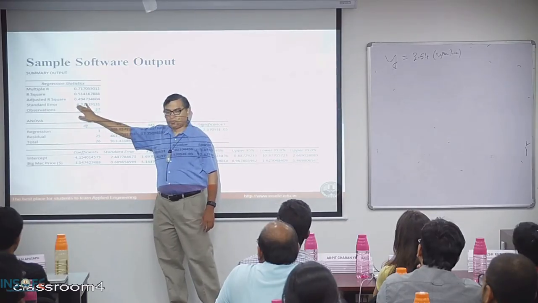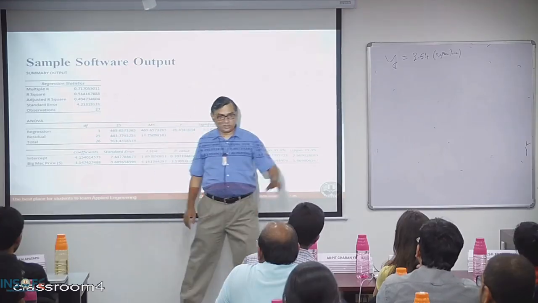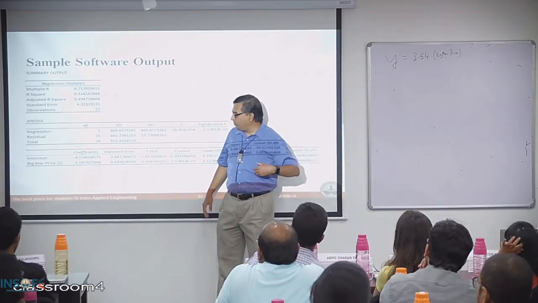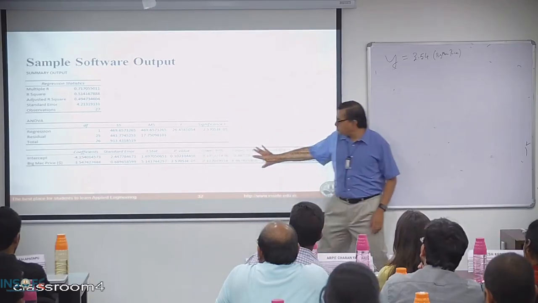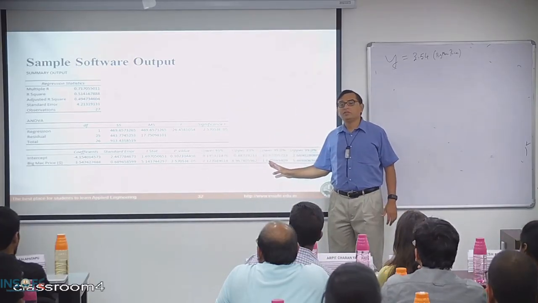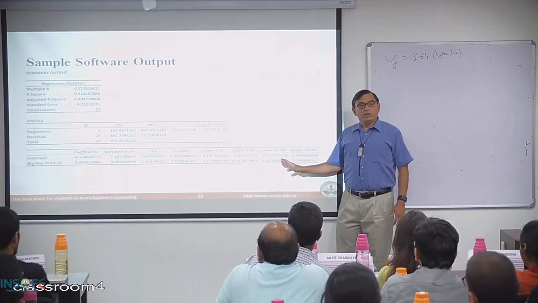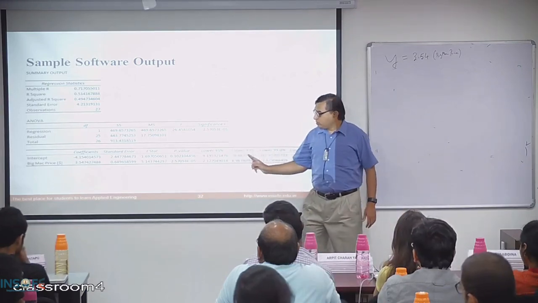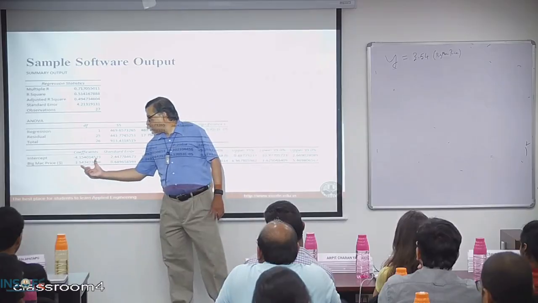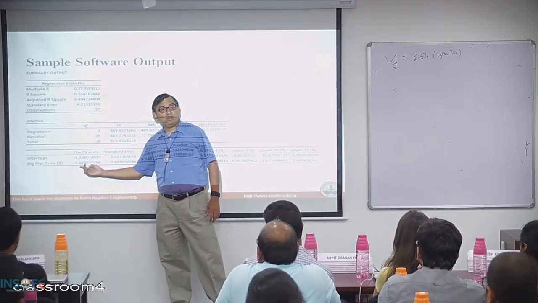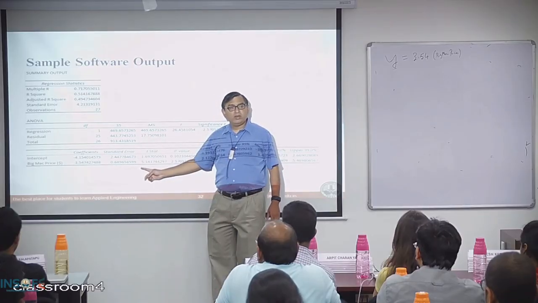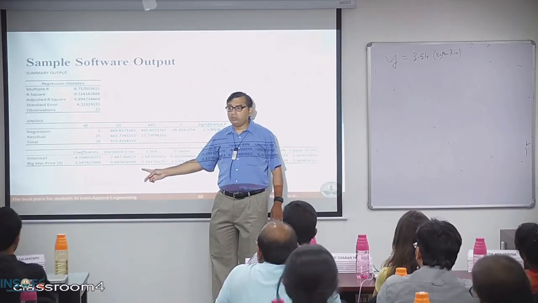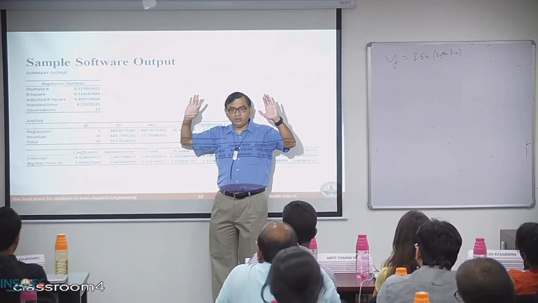I'll explain what standard error is in just a few minutes once we get down to actual computation. But this might be an appropriate time to cover this portion of the output. We talked about the coefficient being the mean value from the sample, and it gives you the standard error. From those two, you can compute the confidence interval.